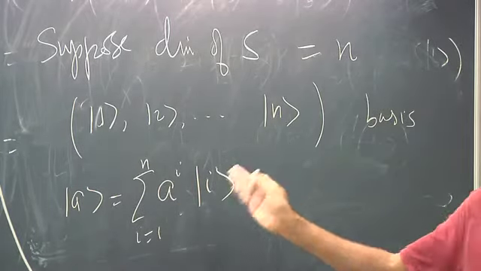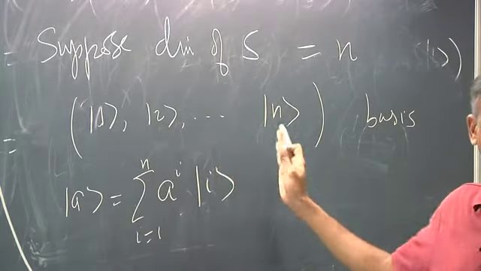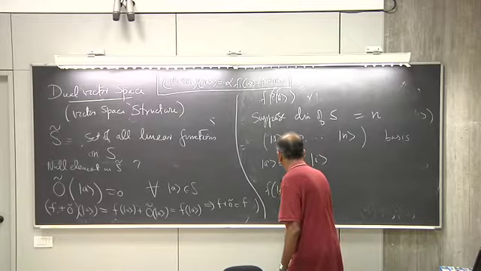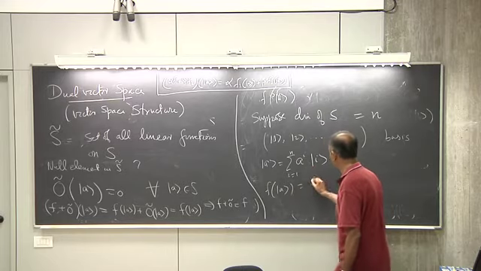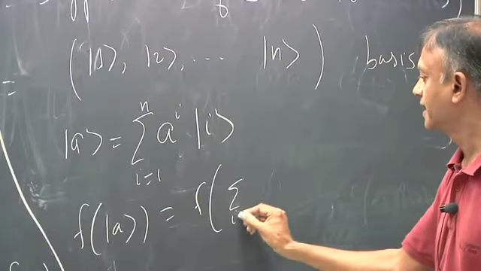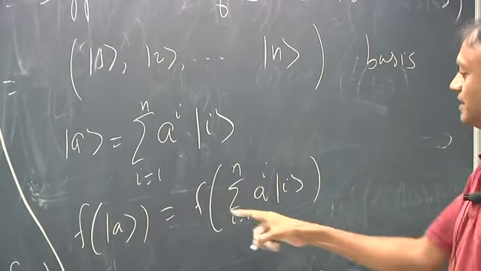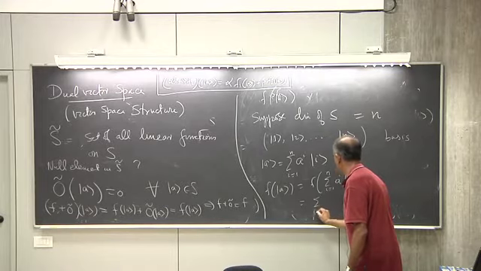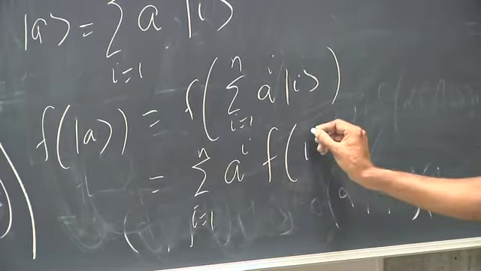The fact that it is a basis means that any arbitrary vector I can expand as a linear combination of these. Now, f of A, if f is a linear function, is the same as f of the sum i equal to 1 to n of ai ei. But now, using linearity, this is the same as the sum i equal to 1 to n of ai times f acting on ei.